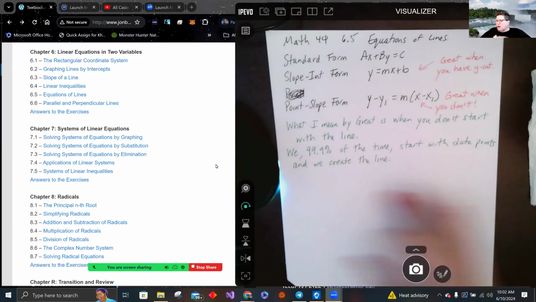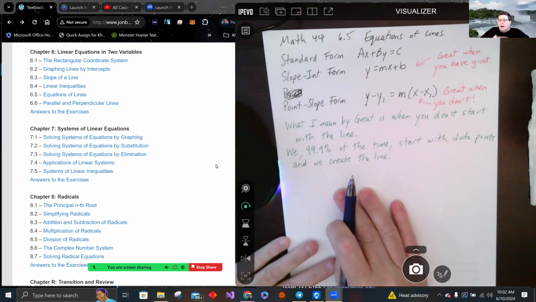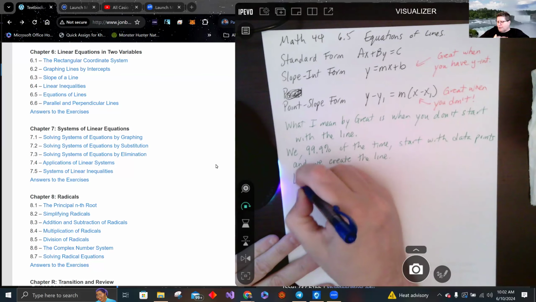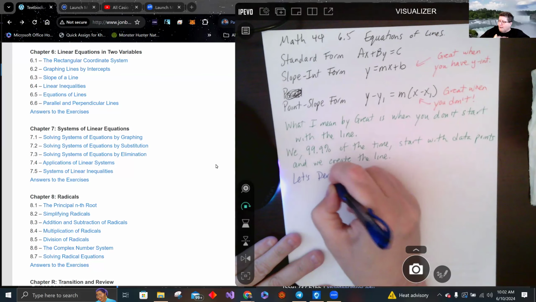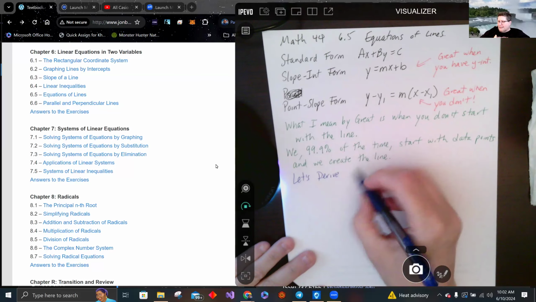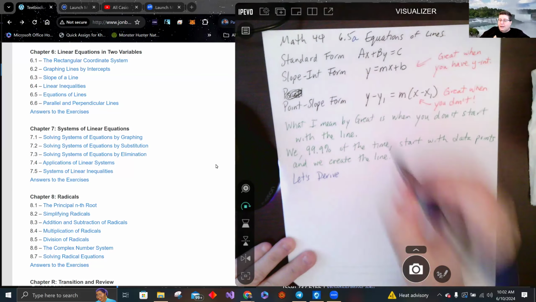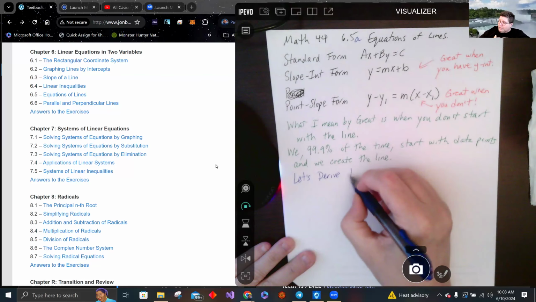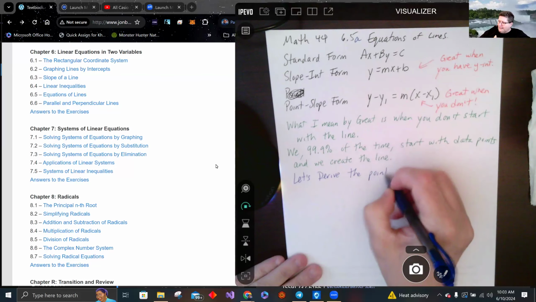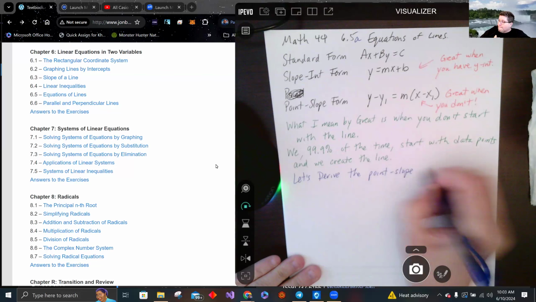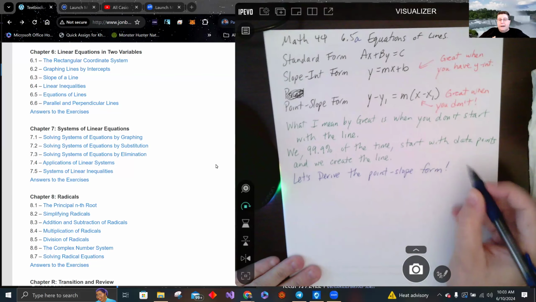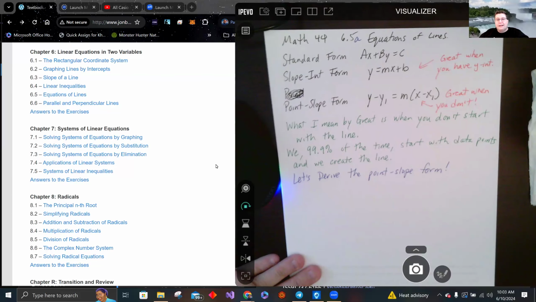And I want to show you where the point slope form came from. Let's derive the point slope form real quick. This will be a separate video, 6.5a. Let's derive the point slope form because people often think it's hard to remember, but you actually already know everything that is required.